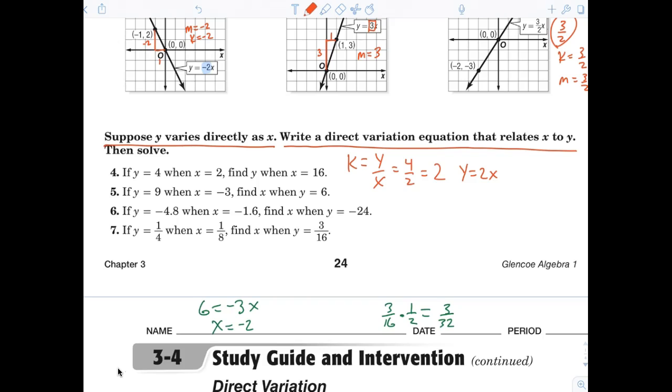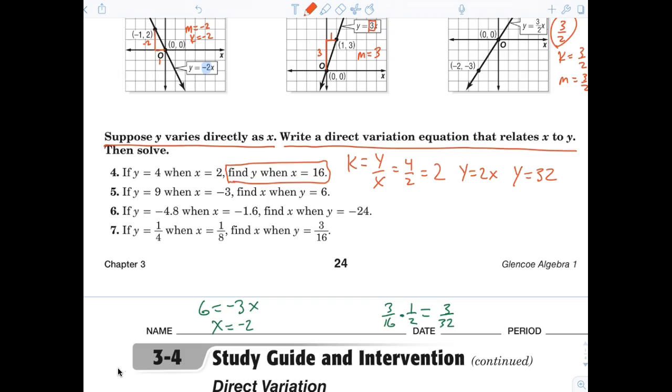Now that we have the equation, we have to answer the question. And the question is, find y when x is 16. Now, some people last class blew it here. I'm asking you, if x is 16, what is y? 32. I don't know how anybody missed that. Does everybody see what I'm saying? It's telling you that x is 16. You got to find the y. And from there, we said y is 32.